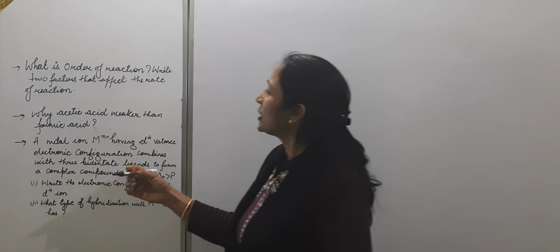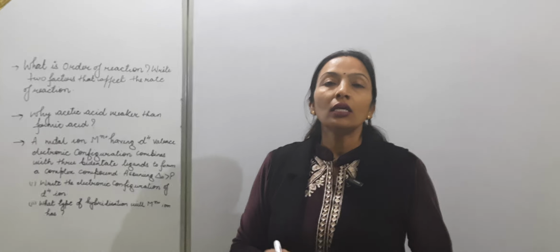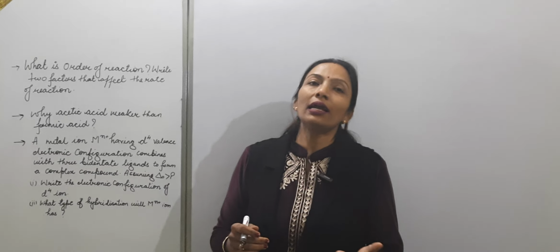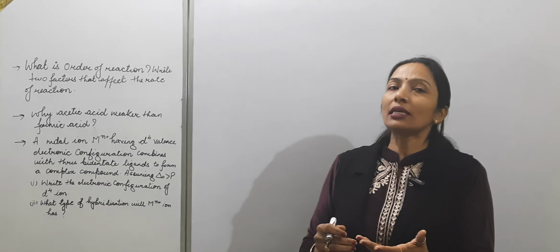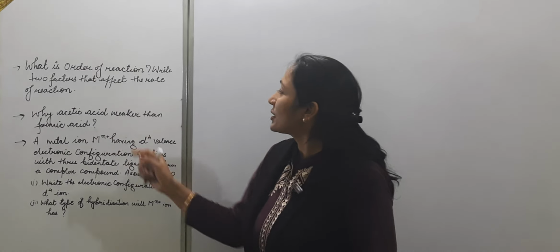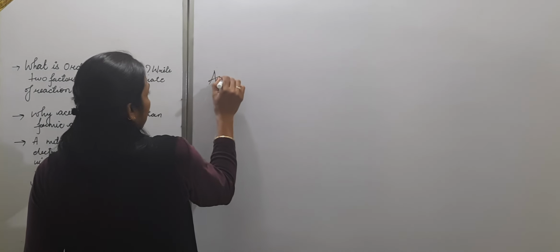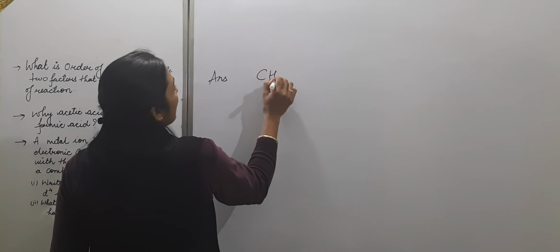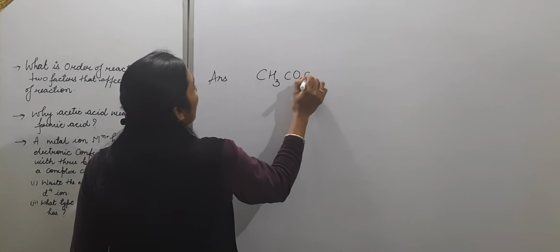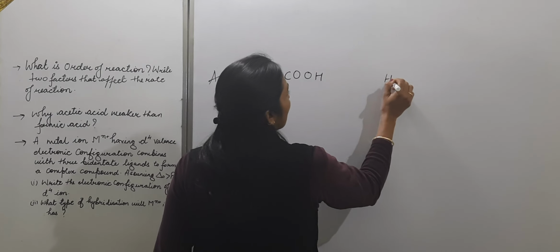So the next question is, why is acetic acid weaker than formic acid? This question is from the unit aldehyde, ketone and carboxylic acid, because the question is from the acids. Why is acetic acid weaker?